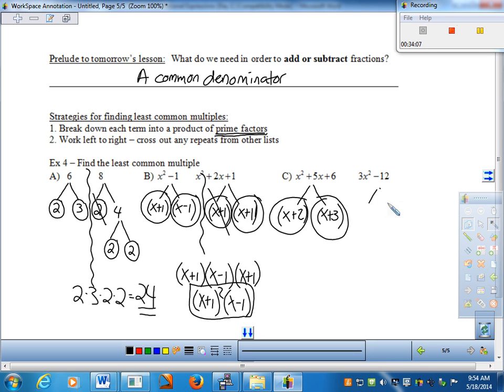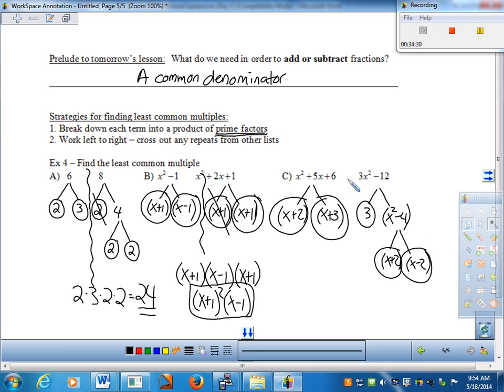This one right here, it looks like you pull out the 3, and then you get x squared minus 4. And please feel free to arrange this any way you want. So the 3 is definitely a prime, but the x squared minus 4 actually does go further. X plus 2 and x minus 2.